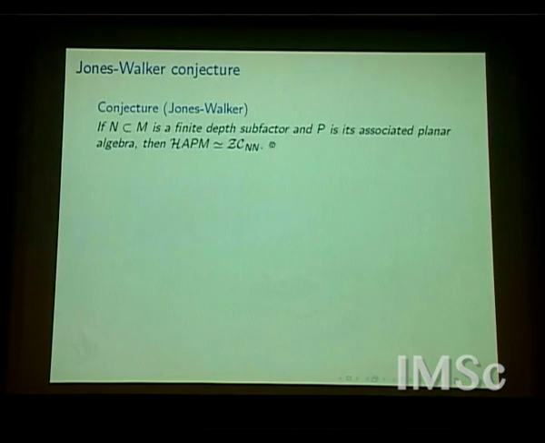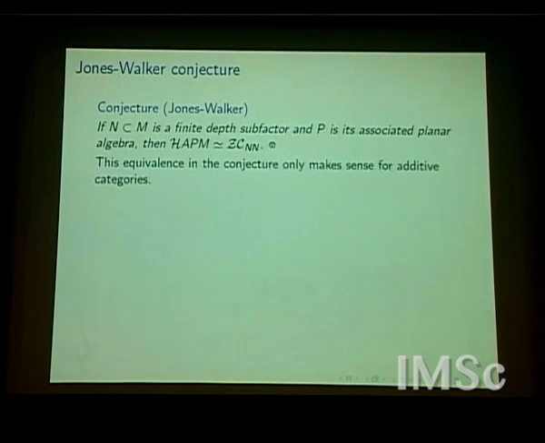So, this was the conjecture, and this conjecture made only sense for additive categories, like just an equivalence which preserves direct sum. There was no tensor product. See, the center is a braided tensor category, but for affine modules there was no tensor product. Actually, that was another question, how can you fuse two affine modules.